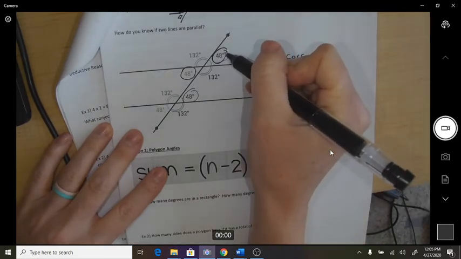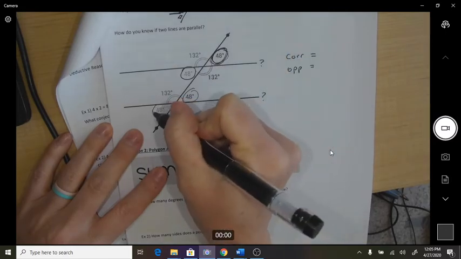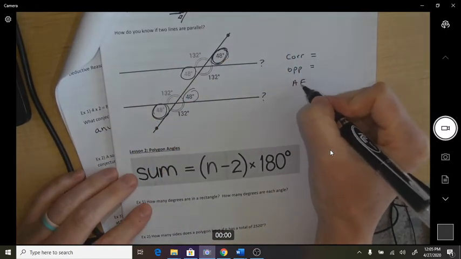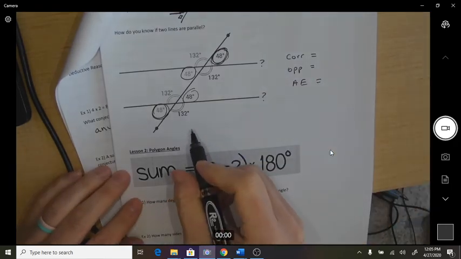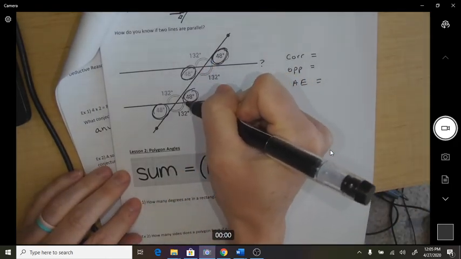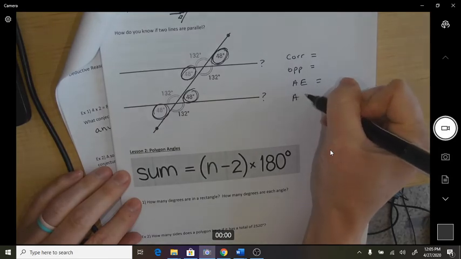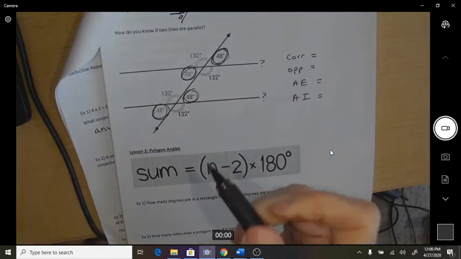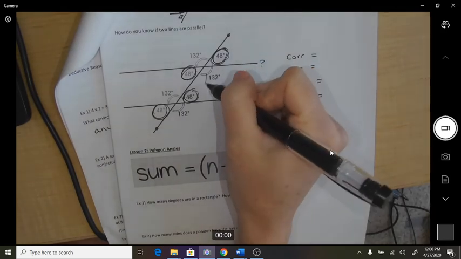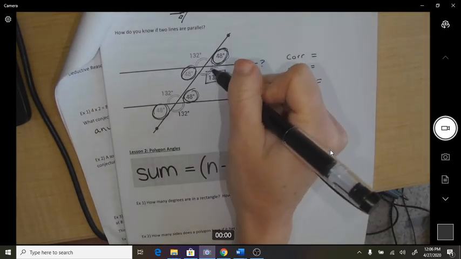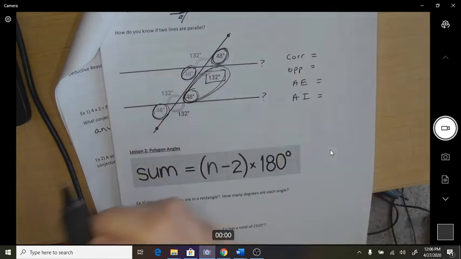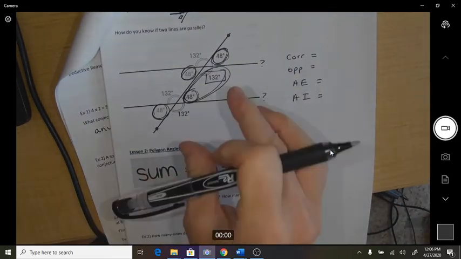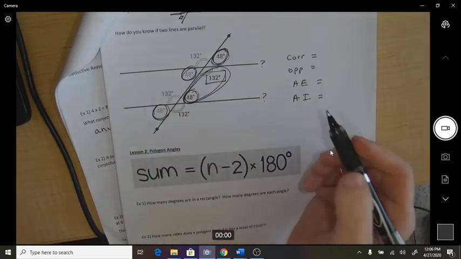You could have the alternating exteriors are equal. The alternating interiors are equal. And another one would be the angles on the same side of the transversal and on the interior on the same side are supplementary.